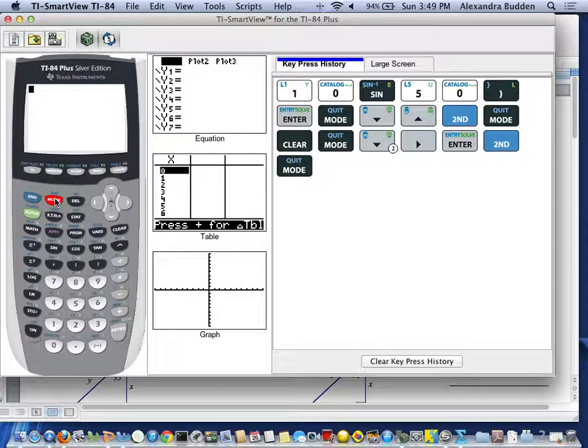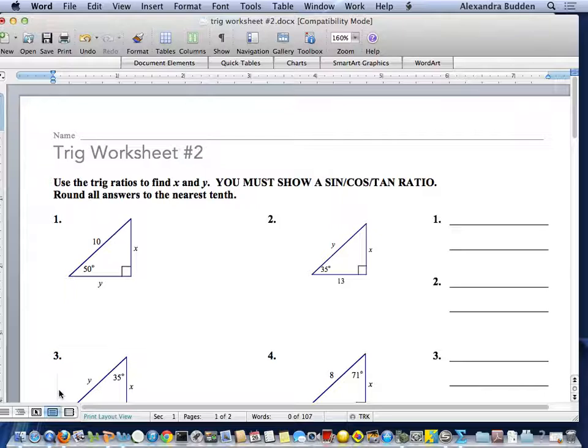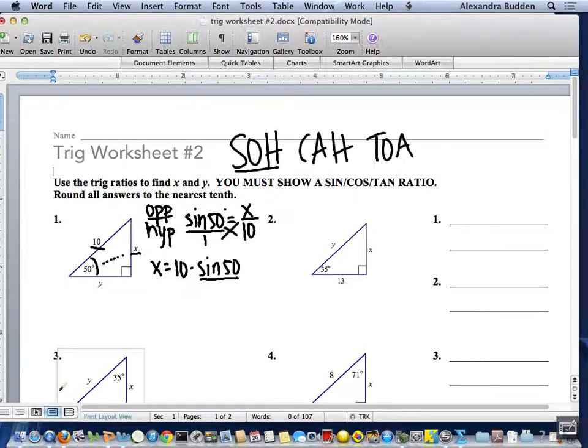Now, if we remember from before, we need to take 10, multiply it by the sine of 50 degrees, and hit enter. I get 7.66. So that means x is equal to 7.66. Write that on a line: x is equal to 7.66.